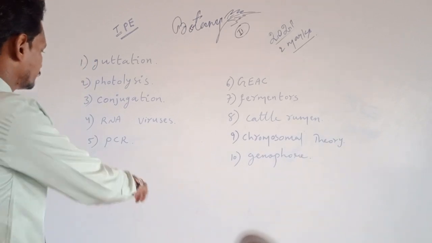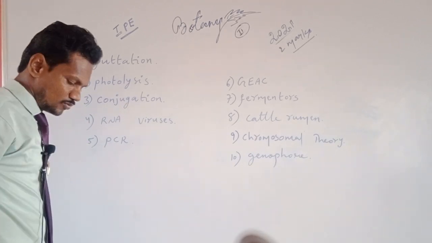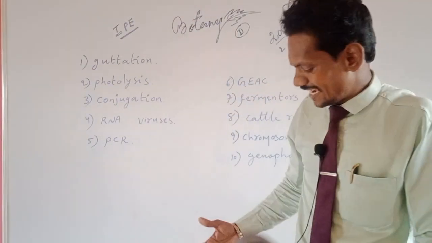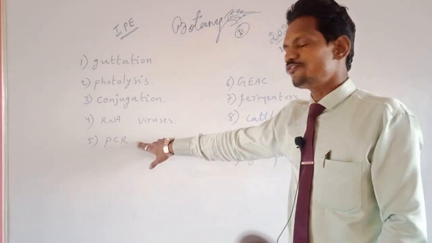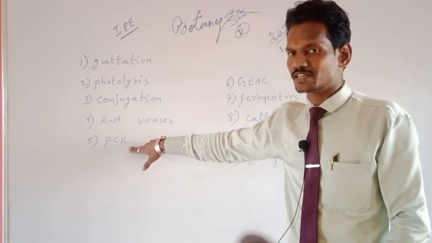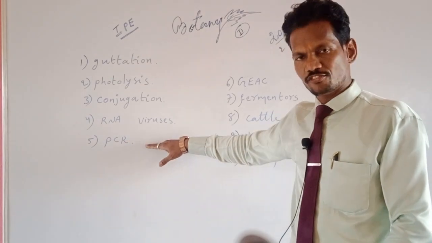Then one more, PCR technique. What is meant by PCR technique and where is it used? The answer is, the full form of PCR is polymerase chain reaction. This is the first point.